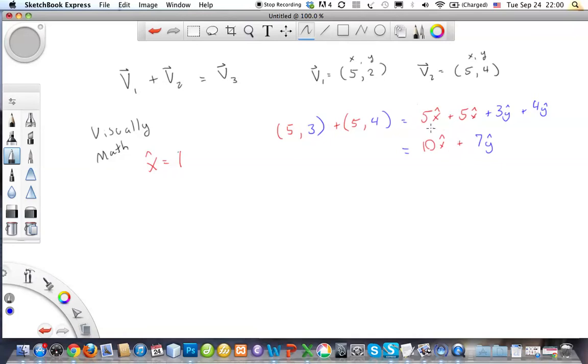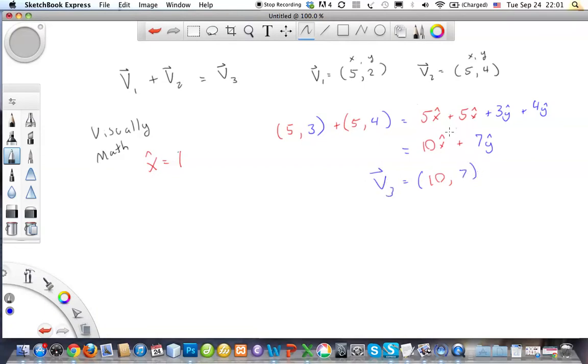Okay. Now, you have these two terms right here, which occasionally can get confusing, but you can rewrite this as 10, 7 as your new vector, as vector 3.